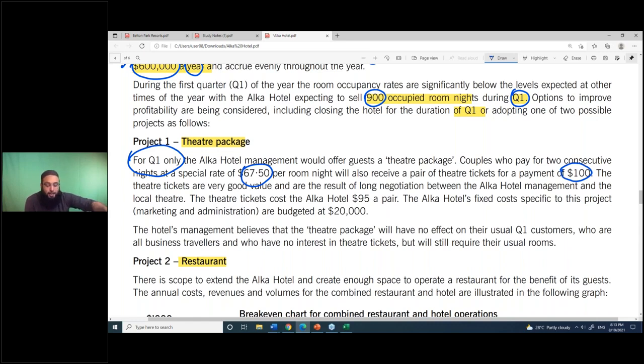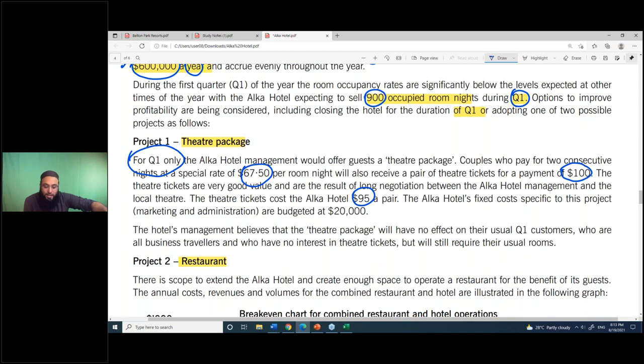It's a theater package that they are introducing for quarter one. The theater tickets are very good value and are the result of long negotiation between the Alka Hotel Management and the local theater. The theater ticket costs Alka 95.